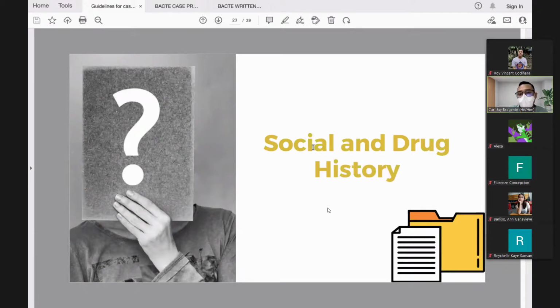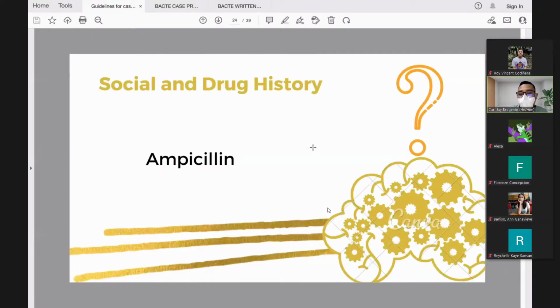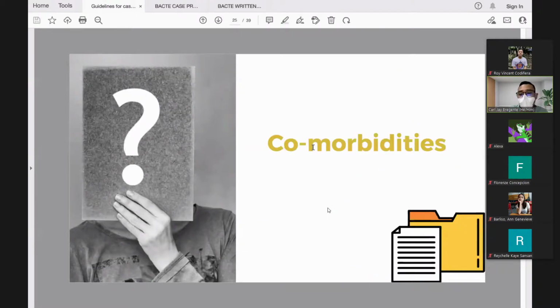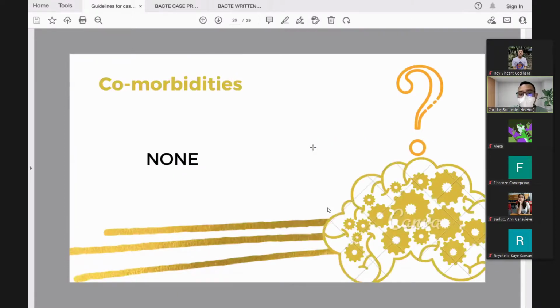You can write it there. For our patient, we don't have any social history. So we just write ampicillin because she was taking ampicillin as treatment for her recurrent UTI. For comorbidities, you write them if they are mentioned in the case; if not, then you just write none.